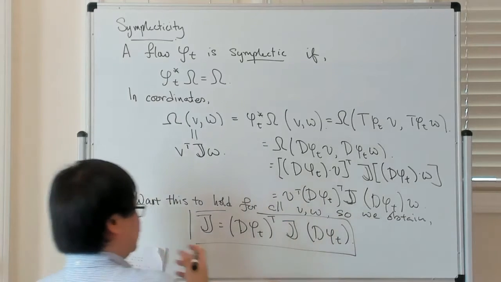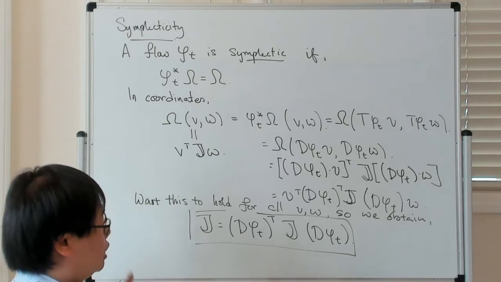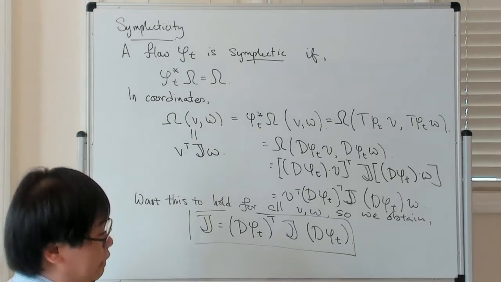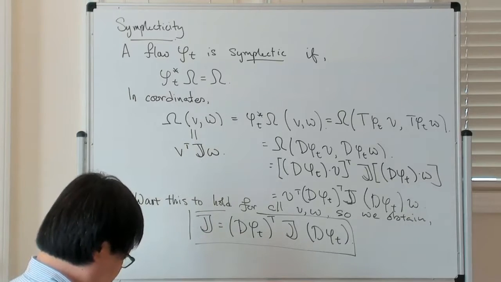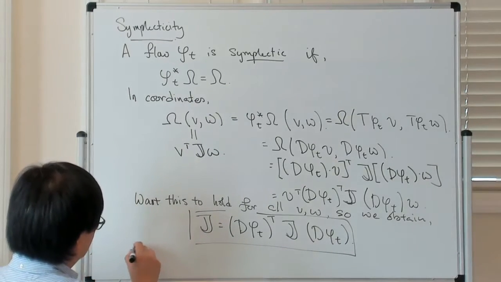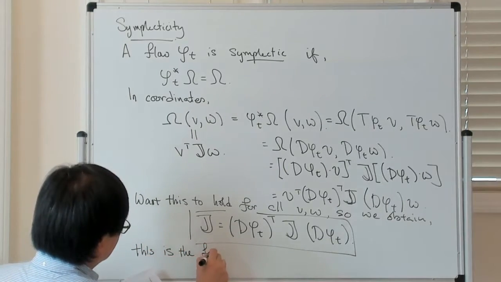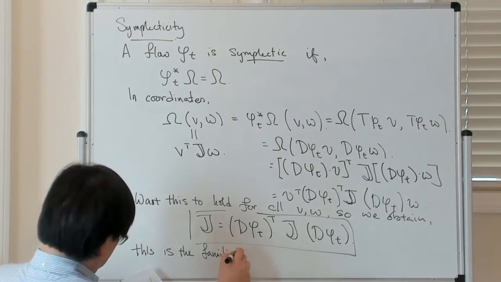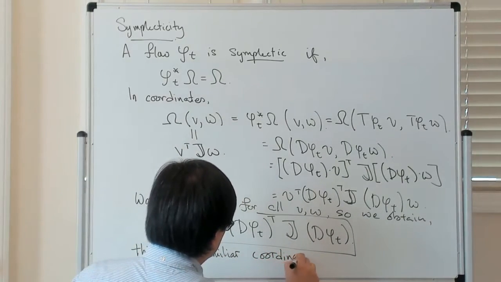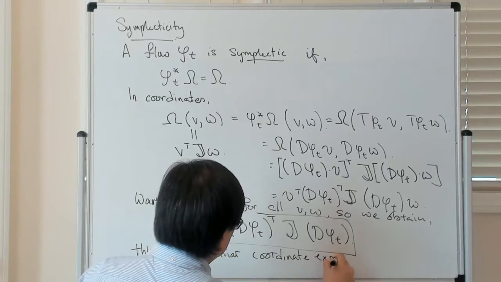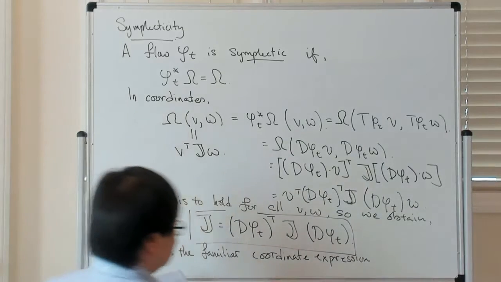It's a check, at least in a coordinate representation, that you can use to say whether or not a particular flow is symplectic. So this is the familiar coordinate expression for symplecticity of the flow.